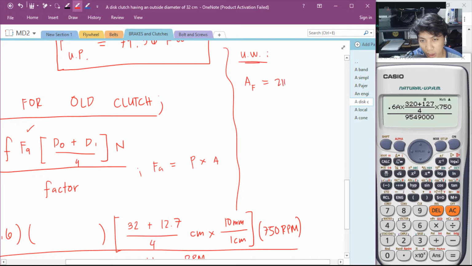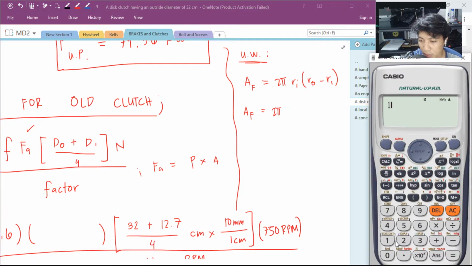That is 2 pi RI RO minus RI. So, AF is equal to ito, 2 pi. Yung RI natin, bali 12.7 divide by 2. Okay. That is 6.35.